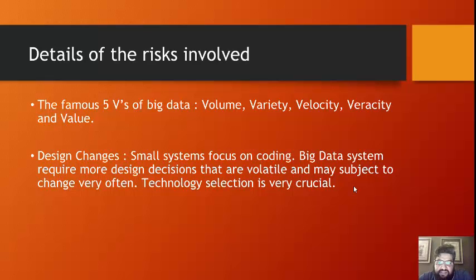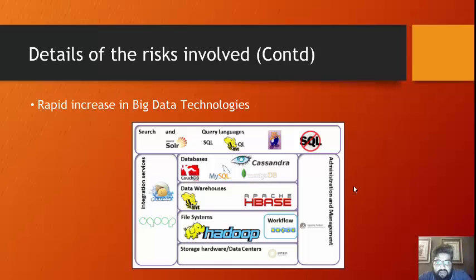In designing big data systems, there comes a need for frequent changes in design decisions that are volatile, since technology is subject to change rapidly, and with it all the design and architecture decisions. So for example, due to the rapid increase in big data technologies, we have a whole palette from which to select the appropriate one for us.